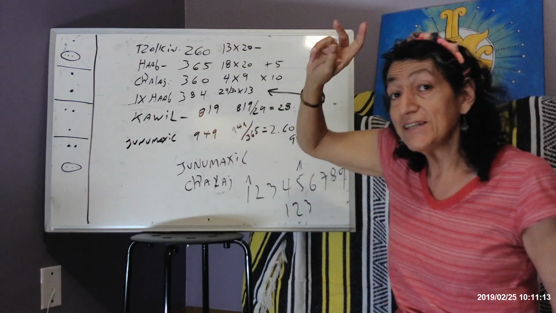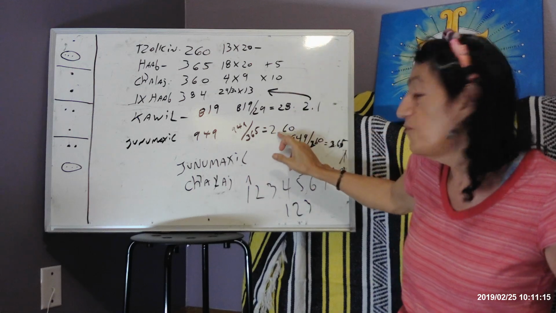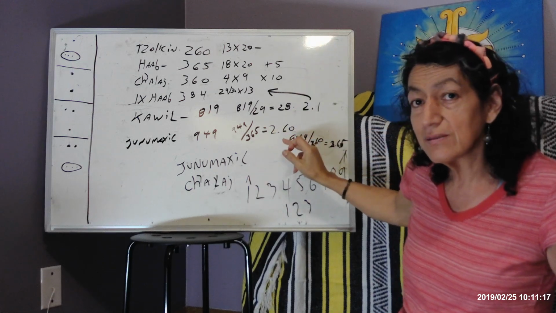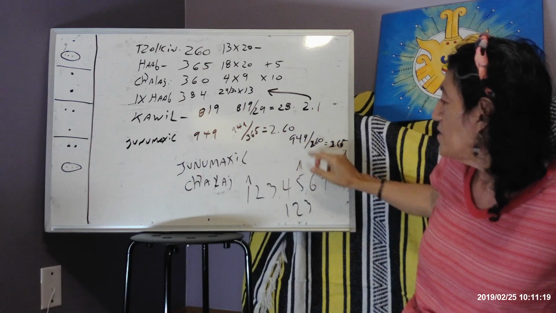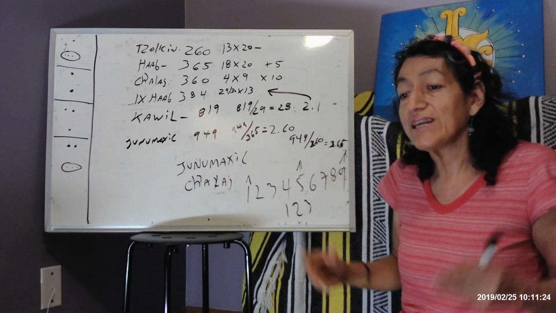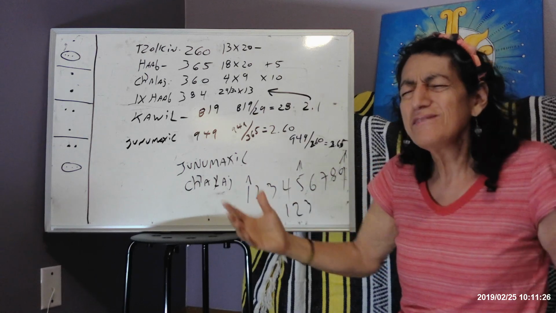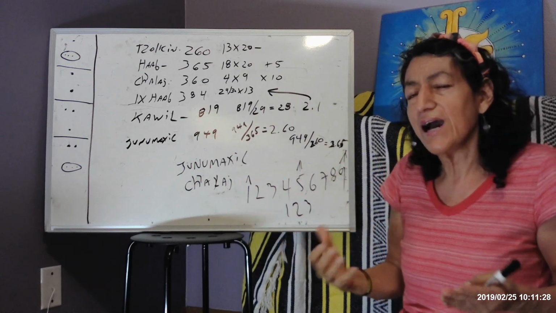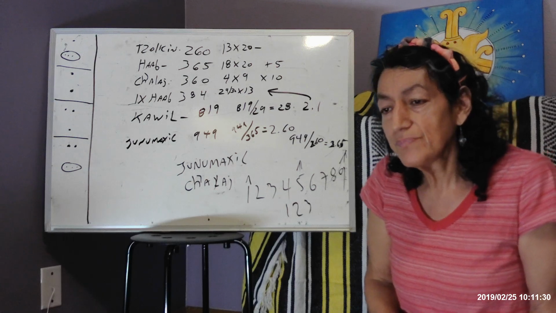It gives you the Sol King. It's amazing, but it's a fraction. And the Maya knew this. And then if you divide 949 by 260, you get 3.65. So again, it's an amazing proof of how the Maya actually understood fractions.